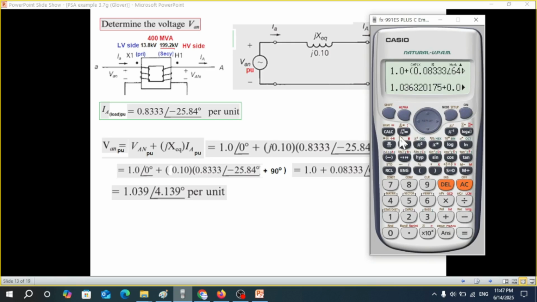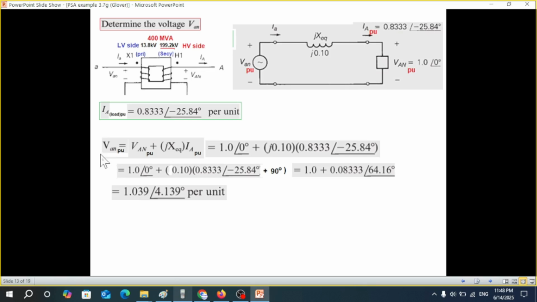Polar rectangular form: Shift, Complex, for polar 3, equal sign. So it is now correct: 1.039 and angle is 4.13.